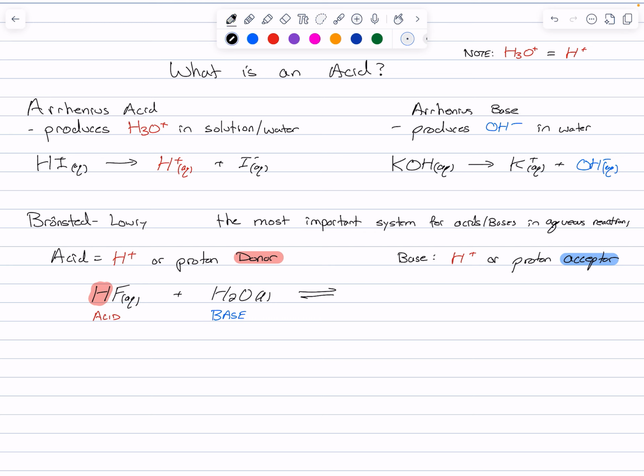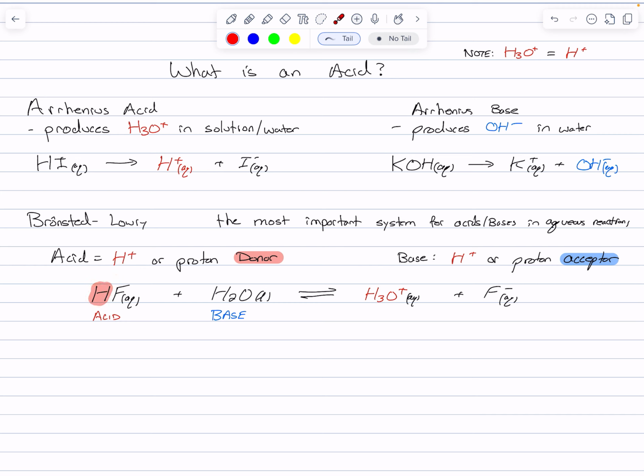On the other side of the arrow, we would have our hydronium that was made, and then just F-, fluoride. Now, this reaction can go both ways, right?